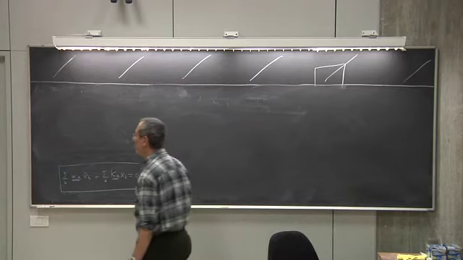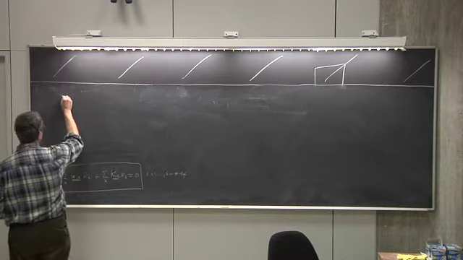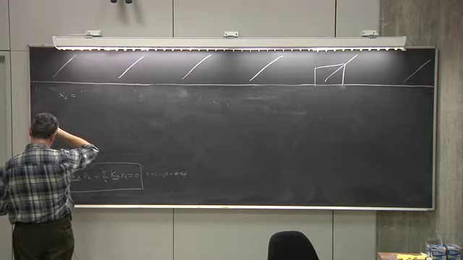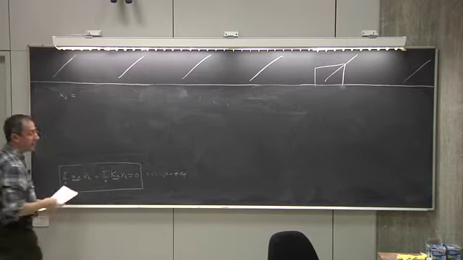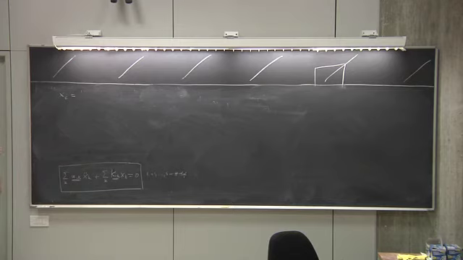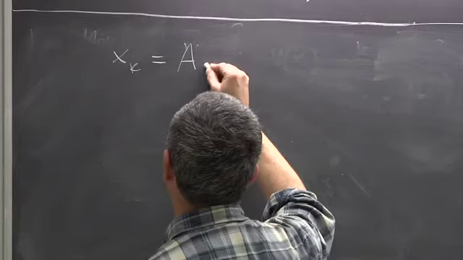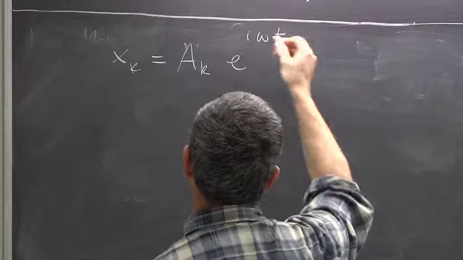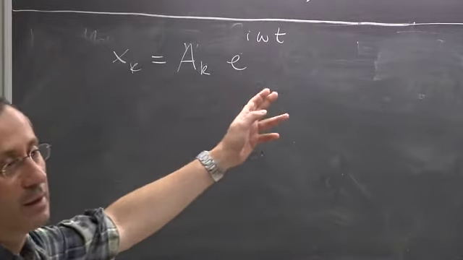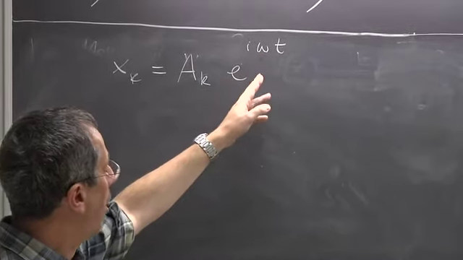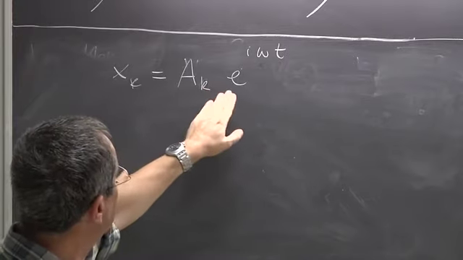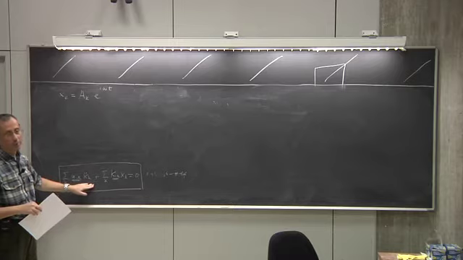Well, we solve it the same way. So I take my solution x_k to be an exponential, with some amplitude that I call big A_k, and then some exponential of a given frequency omega. And the usual thing is that when you plug this in, what is a differential equation becomes by magic an algebraical equation.